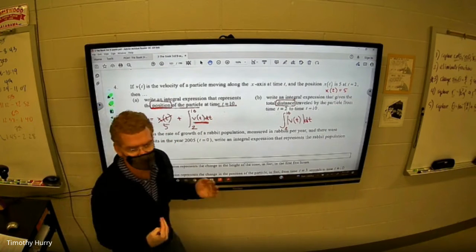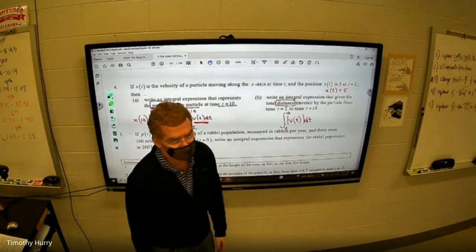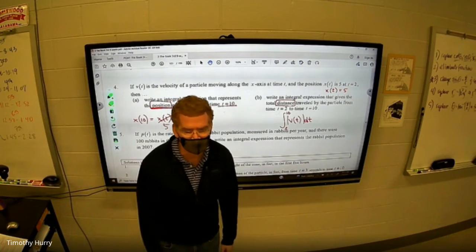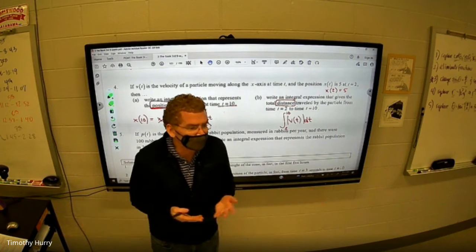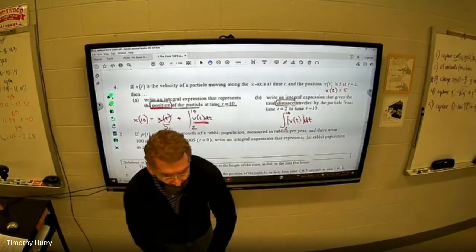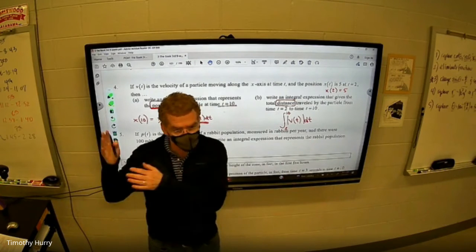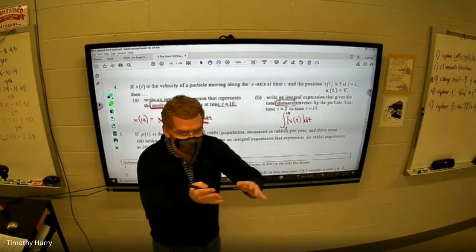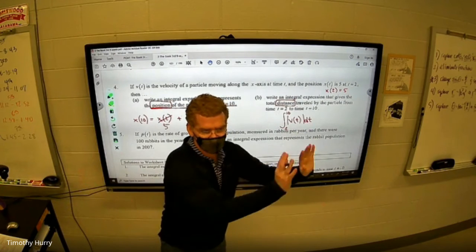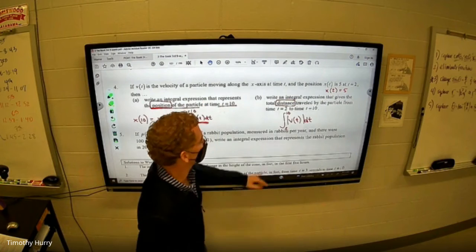This one just says, what's my total distance? Like if you guys told me, I ran 10 miles today, I'm like, oh my gosh, I know exactly where you are. No, I don't. I just know how far you went. Absolute value of v makes all of those negative velocities positive, so that when you calculate the area under the velocity, it's all positive velocities. That's what that's doing. Total change in your movement, or just total distance traveled.